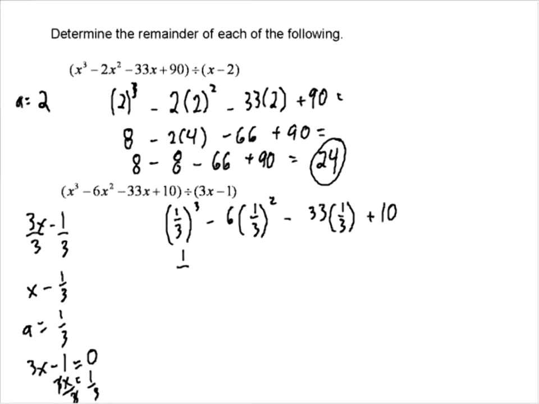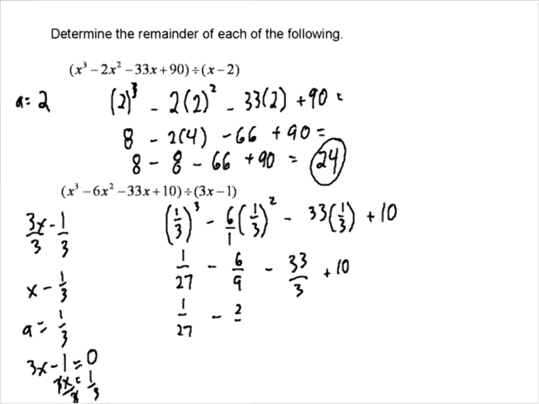Now 1/3 cubed is just 1/27 minus 1/3 squared is 1/9, and remember this is like 6/1, so we can't forget how to multiply fractions. So we're going to have 6/9 minus 33/3 plus 10.